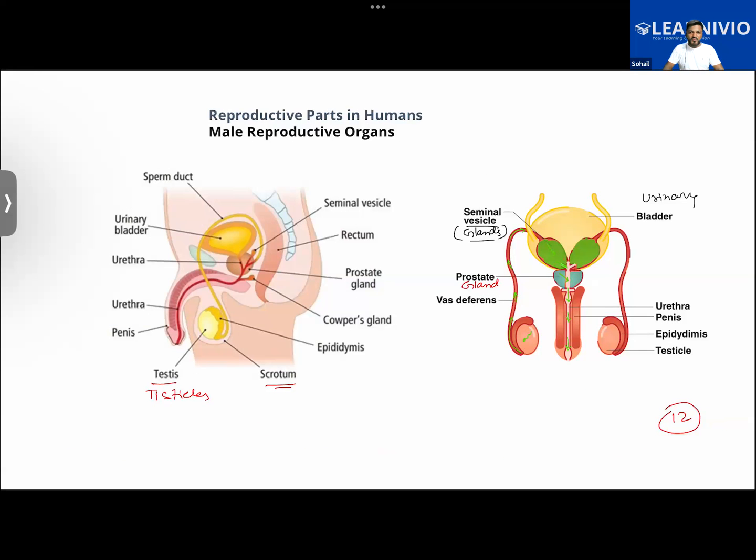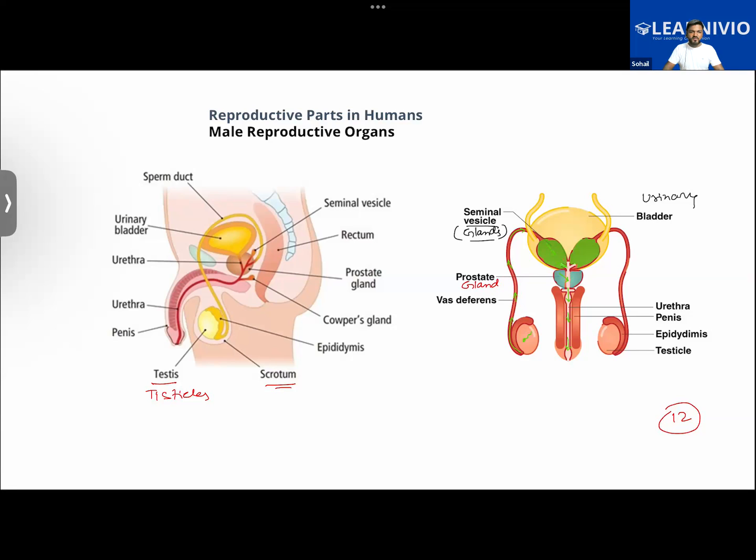Now you, Alif, explain the function of prostate gland. Yes, sir. The prostate gland plays a role in male reproductive and urinary health. Is it correct, sir? Explain again, I didn't hear it properly.